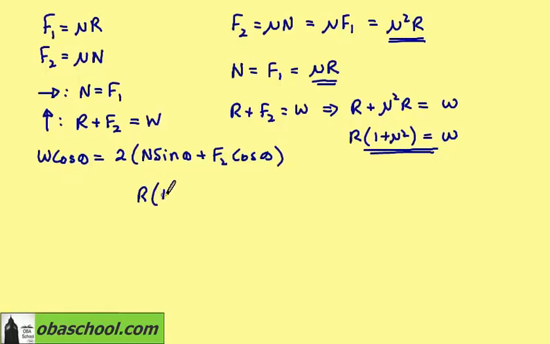So we get R into 1 plus mu squared to replace the W. We use mu R to replace the N. And mu squared R to replace F2.